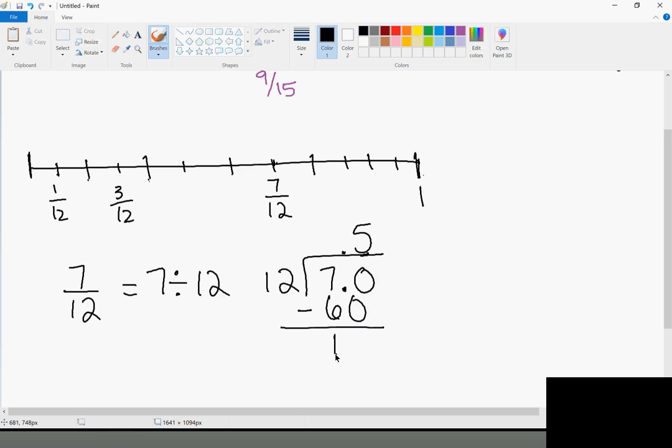And subtract, and then bring down a 0. And then 12 goes into 100. Let's see. 12 times 7 is 84. Right? Yeah. Yes. 12 times 8, 84 plus 12, 96.